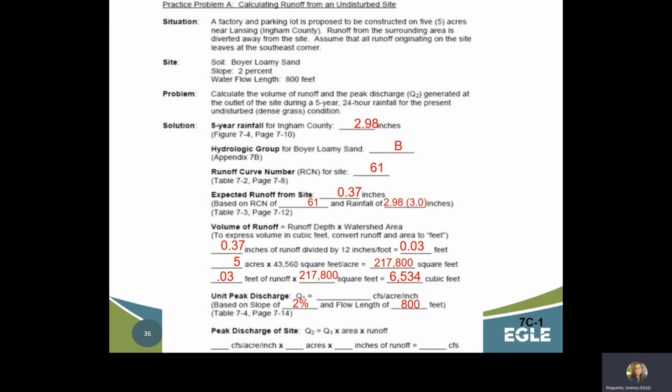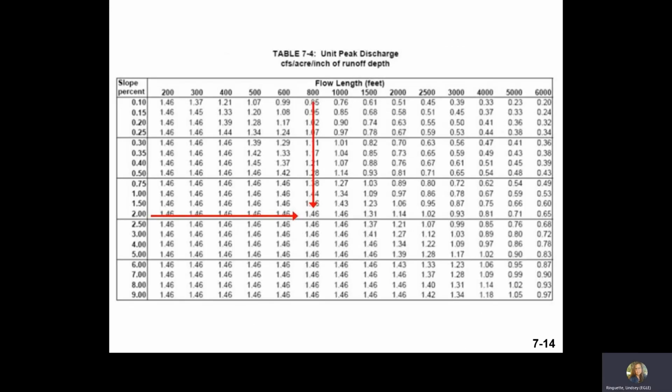Now that we have the runoff volume, the next thing to calculate is the peak discharge. In order to calculate the peak discharge, however, we must first determine the unit peak discharge, which takes into account the percent slope and water flow length that we were given in the problem situation. We can enter these two values now, a slope of 2% over a flow length of 800 feet, as shown in the slide. Here is Table 7-4, unit peak discharge.